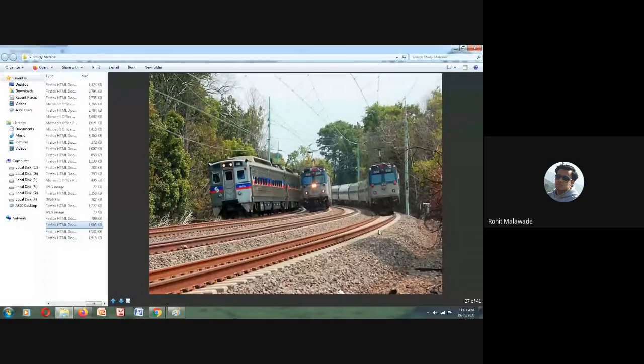What I want to find out is the average speed of the trains that will be moving on this track, so that it helps me in designing the track. They are asking you to determine the average speed.